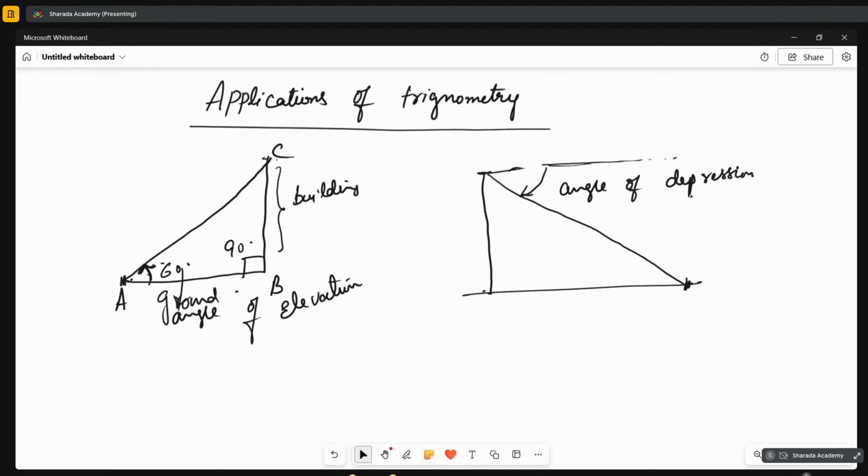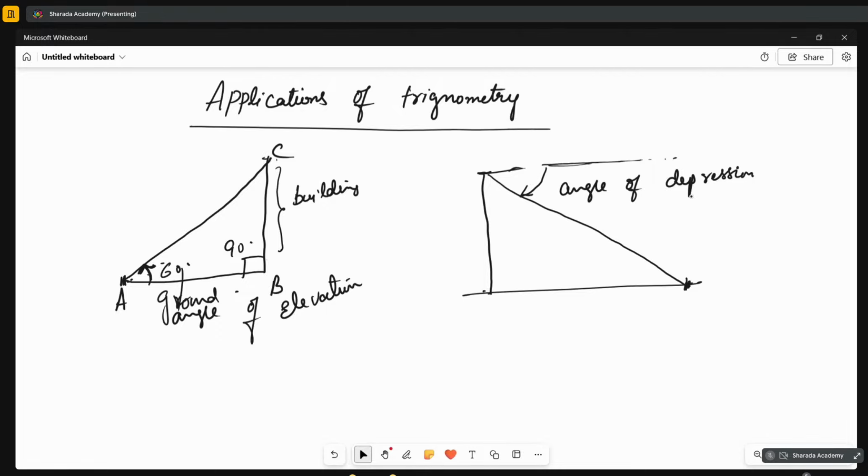Actually, trigonometry is a very important topic. It is used everywhere. Even in launching a rocket, they use it, to decide at which angle it will be launched. Even when a building is constructed, we have to construct it at 90 degrees with the ground. They use different instruments and check every wall to see whether it is at 90 degrees with the horizontal floor.